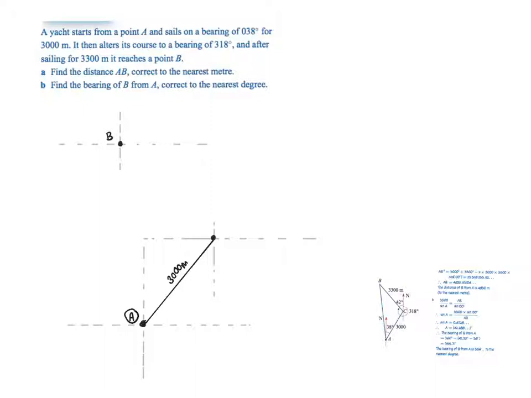And then it alters its course on a bearing. So it got to this point. Now, they're talking about A and B, so I'm just going to call that point C anyway. They got to there. Now, from here, that's when they're saying they alter their course. So can you see here, when they say it then goes on a bearing of 318, we're going to go from here, this guy's north, all the way around to 318.